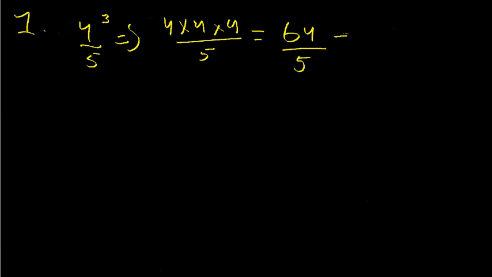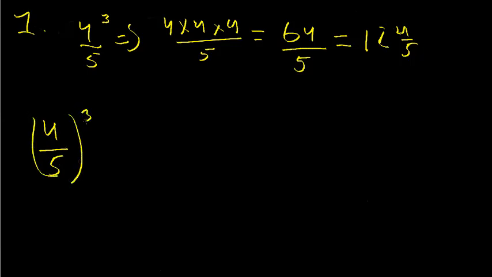And obviously we would turn it into a mixed fraction and simplify, and that would turn out to be 12 and 4/5. But that's how we're going to do it, because there aren't any parentheses. But if we add parentheses, 4/5 in parentheses to the power of 3, that means the power goes to the whole fraction.